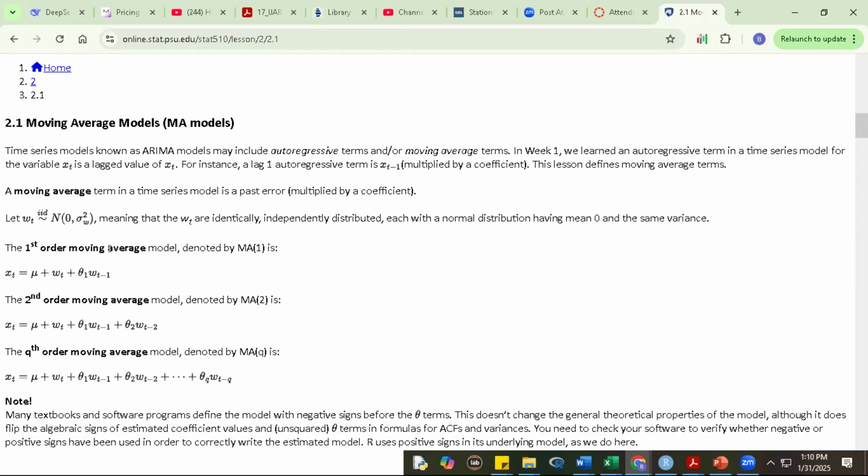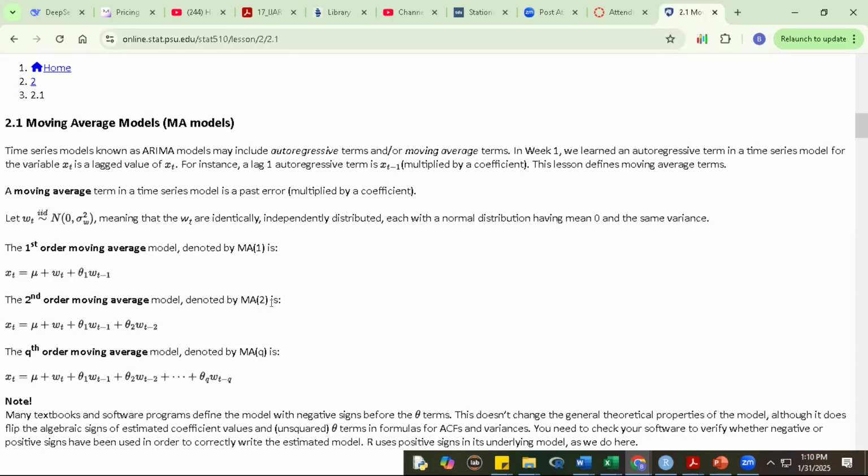So this is a first order moving average. For a second order moving average, you have your constant mean plus your error, your residual at time t, epsilon sub t, and then you have your first order, theta 1 epsilon t minus 1, or here W, and theta 2 times W sub t minus 2.